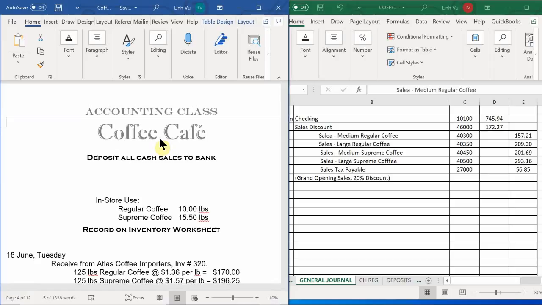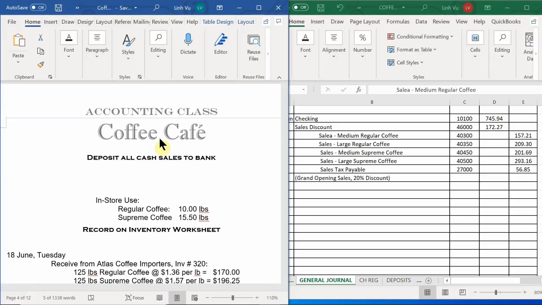Why are we keeping track of our coffee? Because the coffee is inventory.